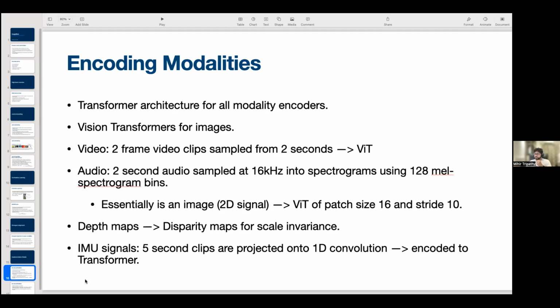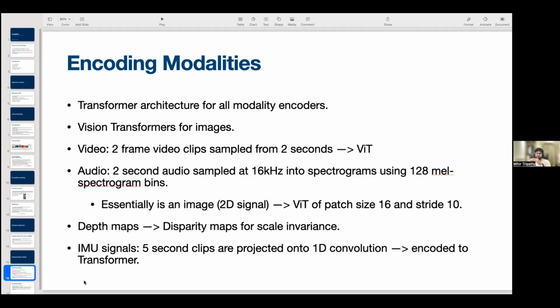For images they use straight up vision transformers, and for video they use two frame video clips sampled from 2 seconds, which is then passed to the same visual transformers as the image. For audio, it is generalized. Pretty much everyone uses MEL spectrograms at 16 kilohertz, so that's what they do as well.